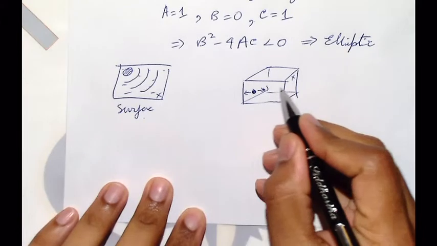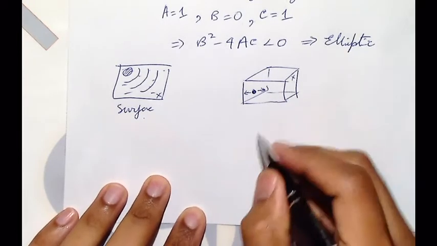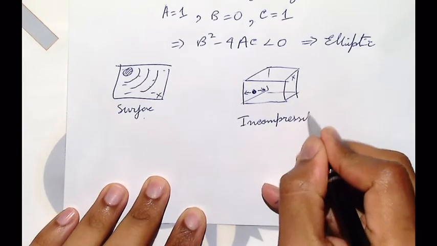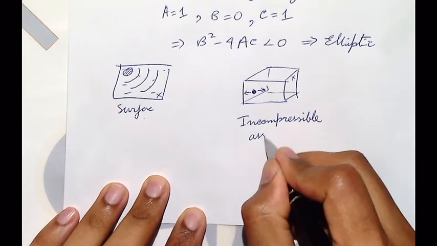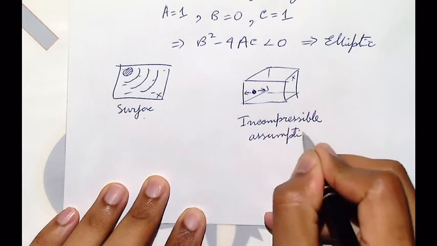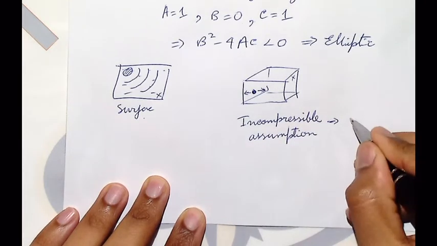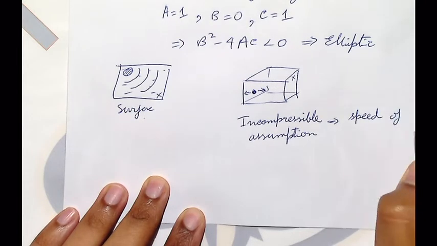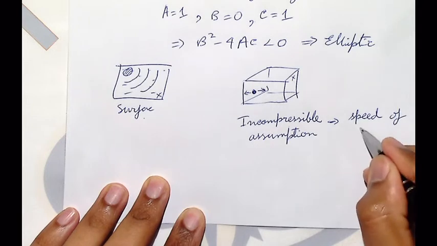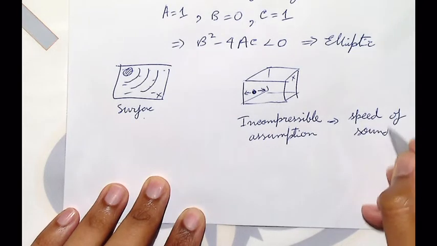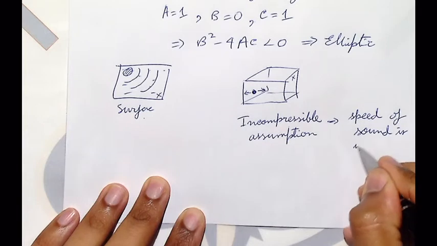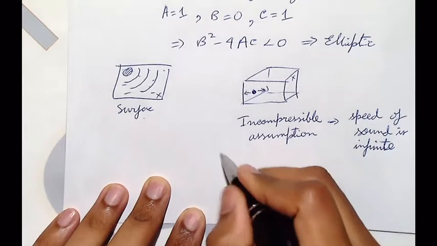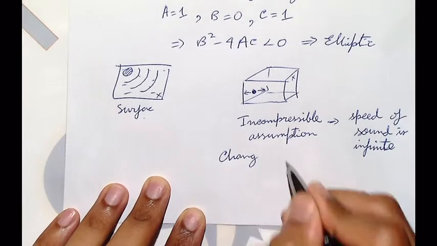The information will propagate out with the speed of sound, but if we make the incompressible assumption, the change will be instantaneous because the speed of sound is infinite. So in incompressible flow, the change in pressure that you measure will be instantaneous.